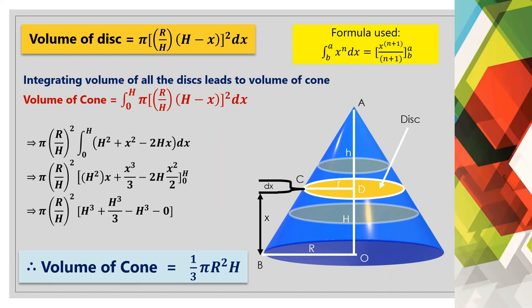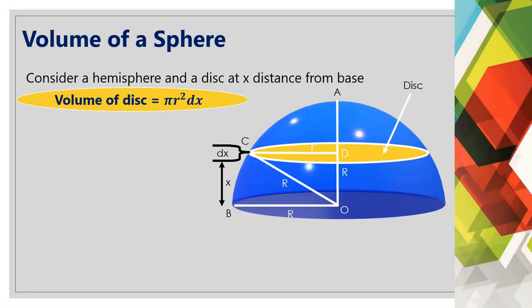Now that we have derived the volume of the cone, we will use a similar approach to derive the volume of a sphere. Again, we will derive the formula of the volume of the sphere using integration. For this derivation, a hemisphere will be taken into consideration. First, the hemisphere will be cut into several horizontal disks.